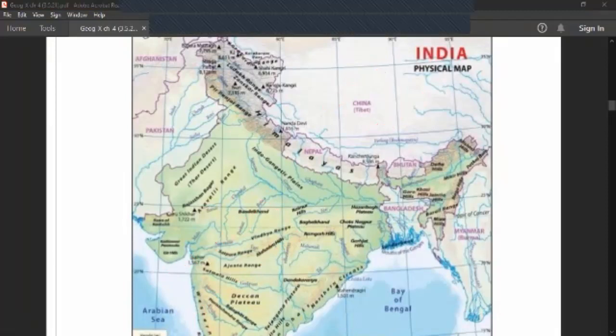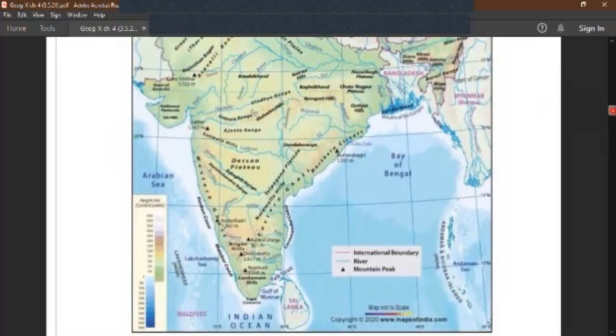The next factor is physiography. Places located at higher altitude have cooler climate, even though they are located in the peninsular India, for example, Ooty.